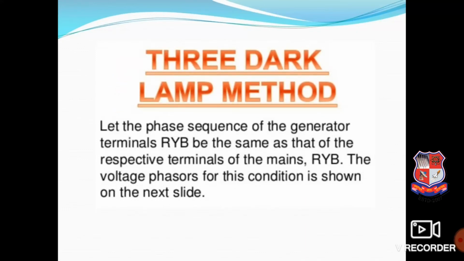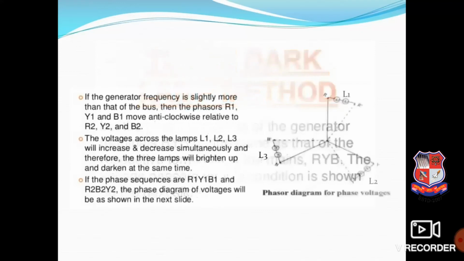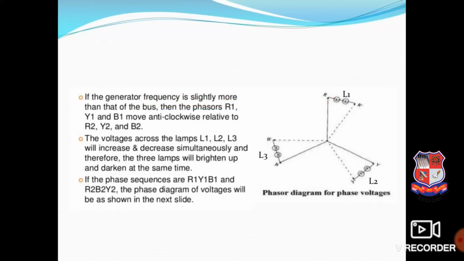The most important factor to be checked is the phase difference between the same phases of the alternator and bus bar. For that, we have to check the phasor diagram of phase voltage for both the incoming machine and bus bar. In the figure, we can see the phasor diagram of each phase of the incoming machine and bus bar.